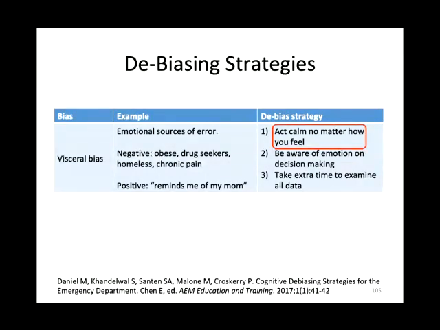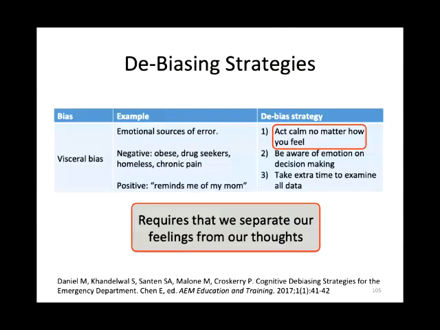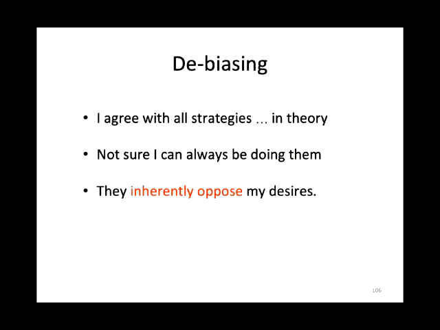And so the suggestion here, one of them, is act calm no matter how you feel. And I just want to ask anybody who is in relationships or who has children, is this something that you can do at home 100% of the time? Absolutely. And so this requires that we separate our feelings from our thoughts. And so the debiasing, I think I would, in theory, agree with all these strategies. I'm not sure I could always be doing them.